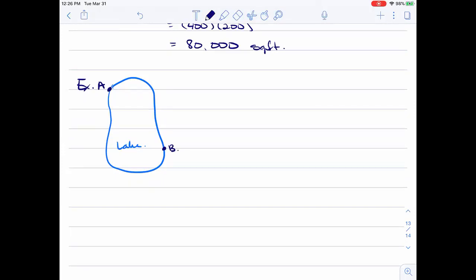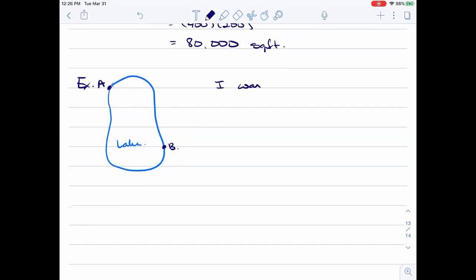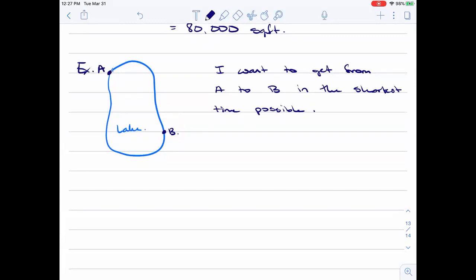I have two options, so I want to get from A to B in the shortest time possible. So I want to minimize the time. This tells me that I want to minimize time.